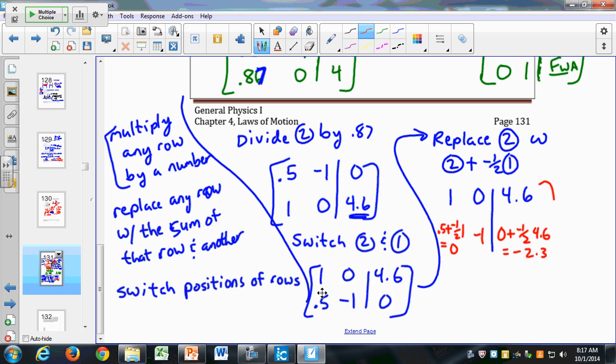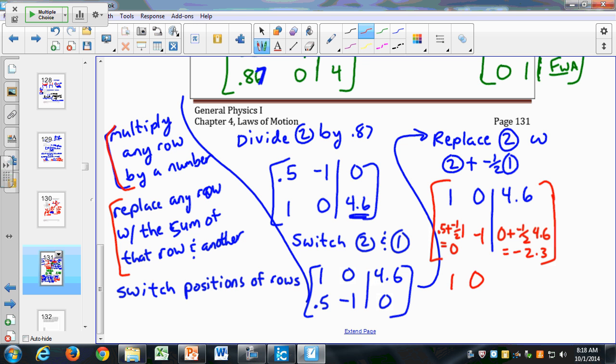So I do that operation. Here I've combined a couple of rules. I can replace any row with the sum of that row and another, and then I'm also multiplying that row by negative 1/2. So I'm doing rules 1 and 2 at the same time. I'm multiplying row 1 by negative 1/2, and then adding that to row 2 and replacing row 2 with that. All right, so now my matrix looks like this.